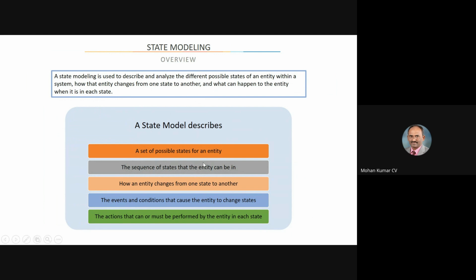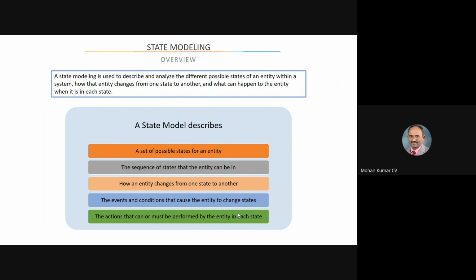A set of possible states for an entity, the sequence of states that entity can be in, how an entity changes from one state to another state, the events and conditions that cause the entity to change states, and the actions that can or must be performed by the entity in each state. In each state, what are the activities to be performed?